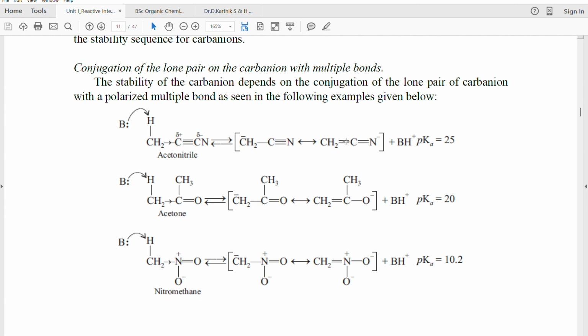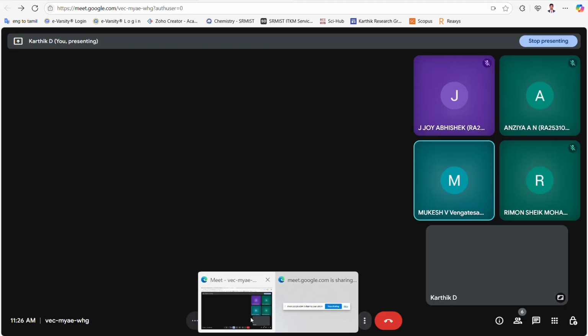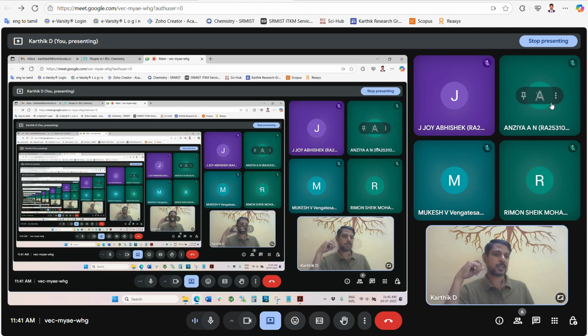Then you will have a double bond here, and among this triple bond, one bond pair of electrons will shift onto the nitrogen atom, so that you will have a minus charge on the nitrogen atom. So you will have a kind of resonance structure. I will just share the whiteboard and draw the mechanism.